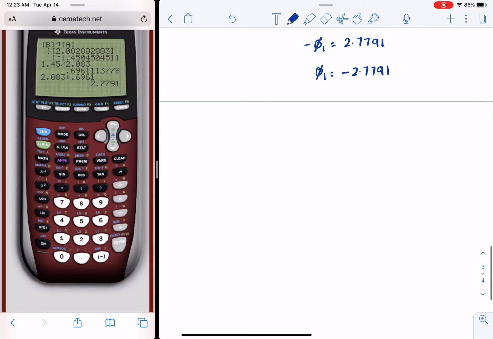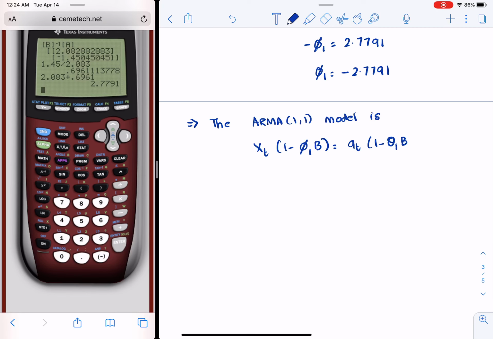So what we have here is xt times 1 minus phi 1b equals at times 1 minus theta 1b.